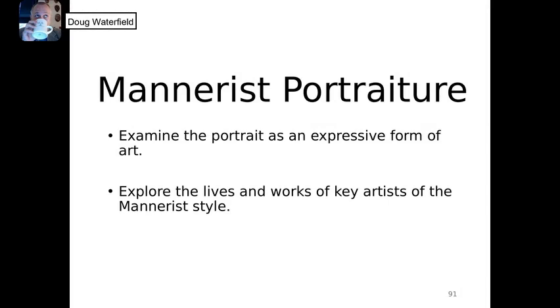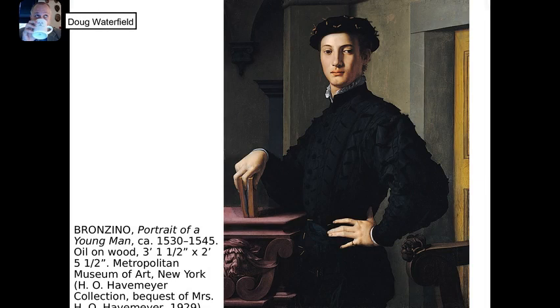And now we will examine some Mannerist traits in portraiture. This is Bronzino's portrait of a young man, and we can see a little less of the weirdness of Mannerism, all the eroticism and claustrophobic compositions and elongated forms, but you do see little hints of it.